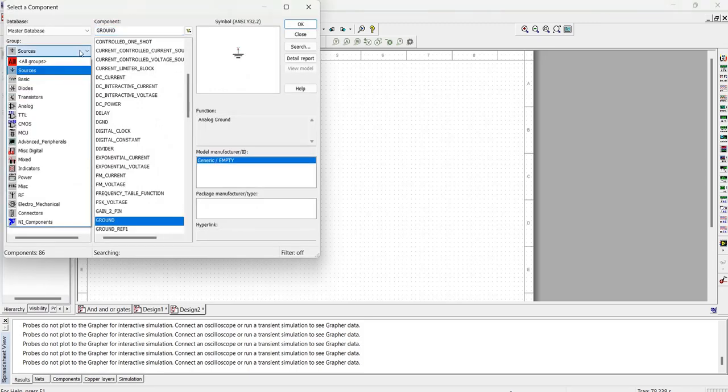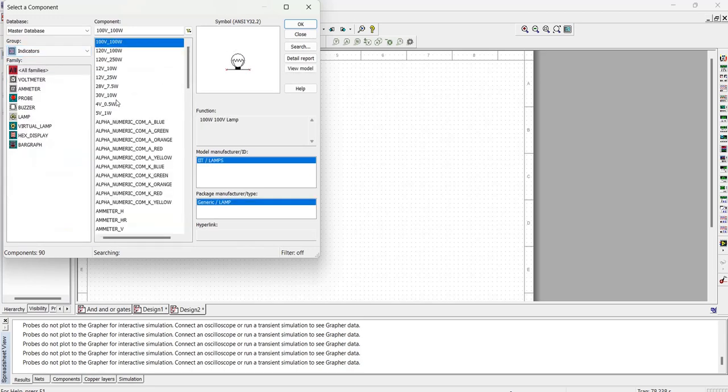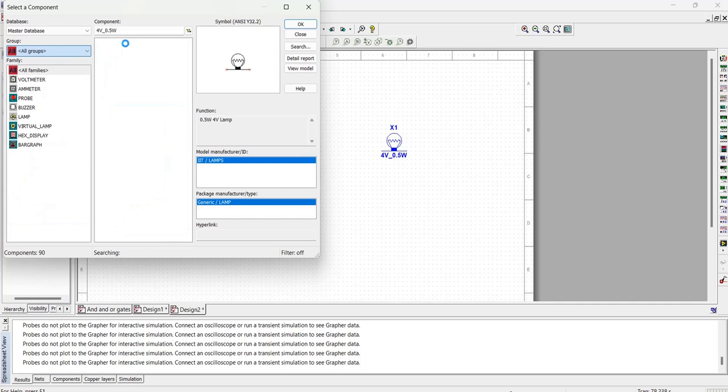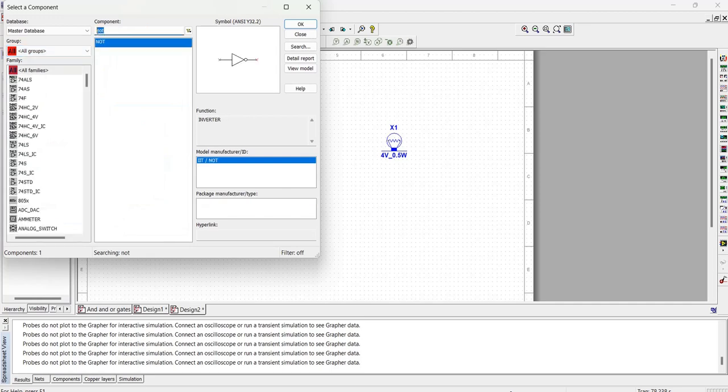Then we are going to look for an indicator, of which we are going to use a 4 volts 0.5 watts bulb. So we are left with getting our NOR gate. We are going to get our NOR gate that accepts two inputs.